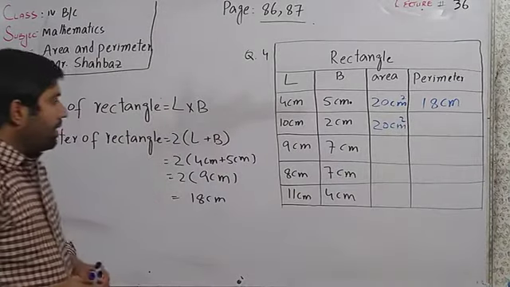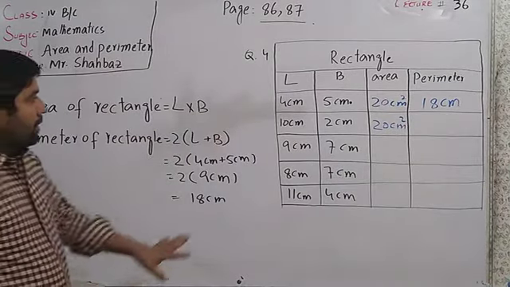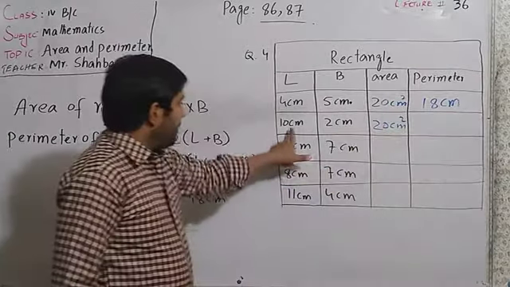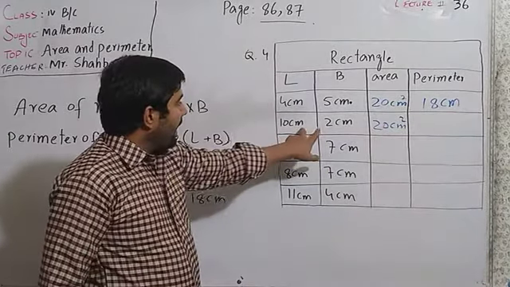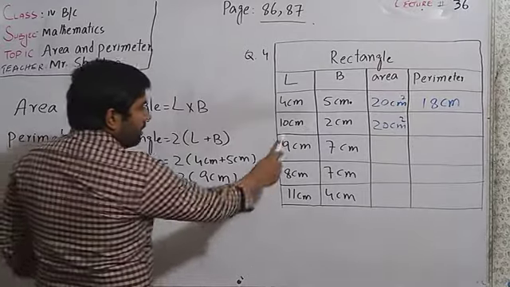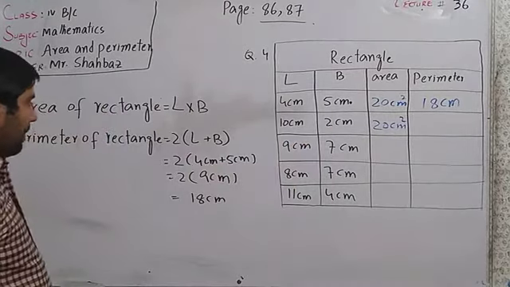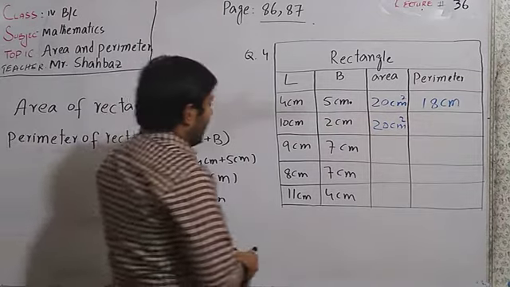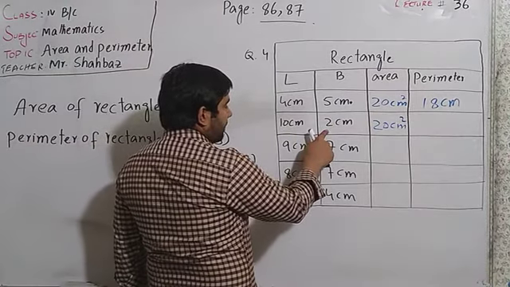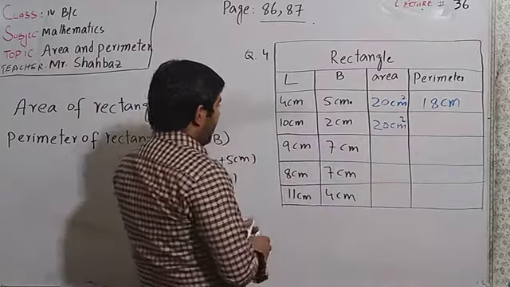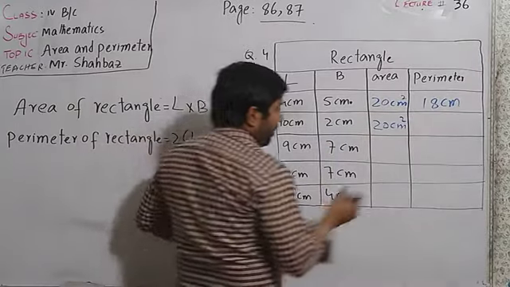This is the area, and now we have to find the perimeter. We add these two: 10 plus 2 is 12, and multiply with 2, it will be 24 centimeter.